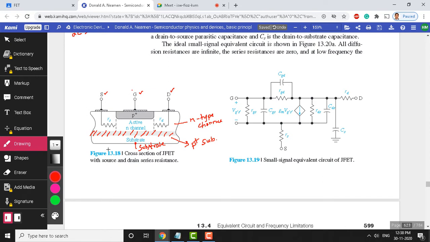What you are seeing here is a cross sectional view of a transistor. When you make a 3D transistor and cut into a slice, the 3D looks something like this. Here also we have shown this kind of symbol because in an IC there are billions of transistors; adjacent to this you may have a transistor, here also you may have a transistor.